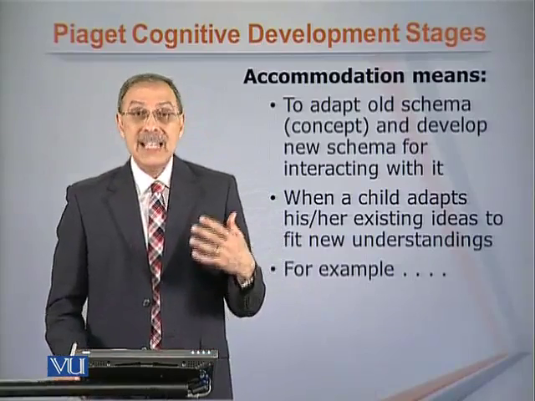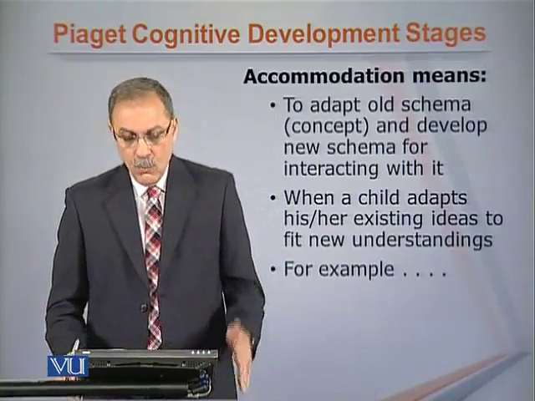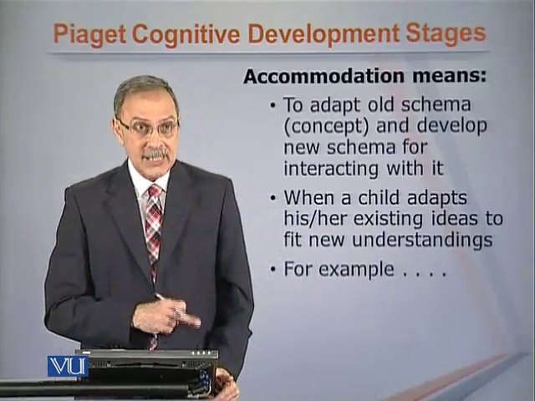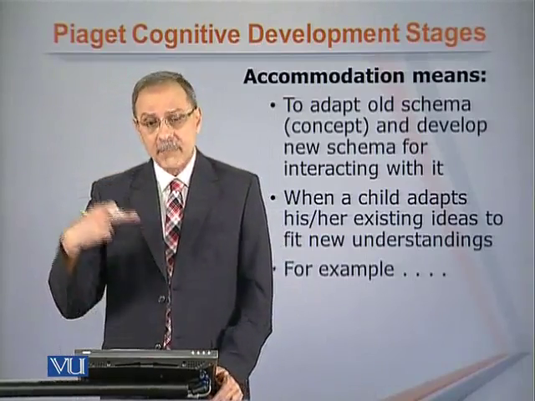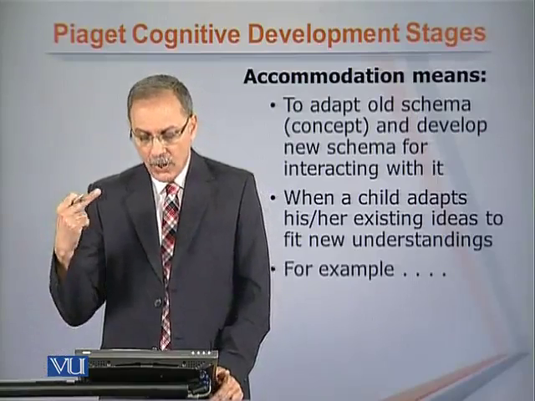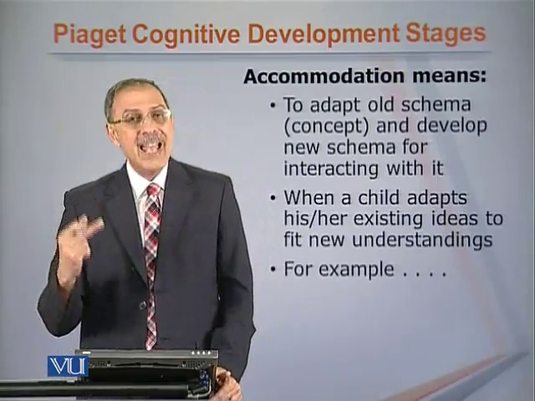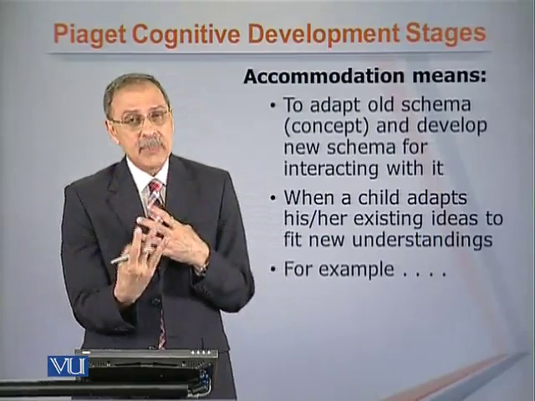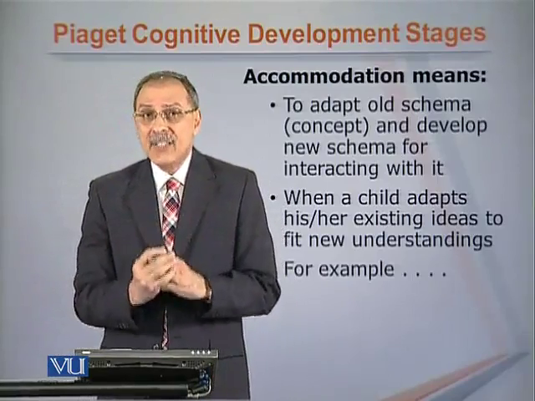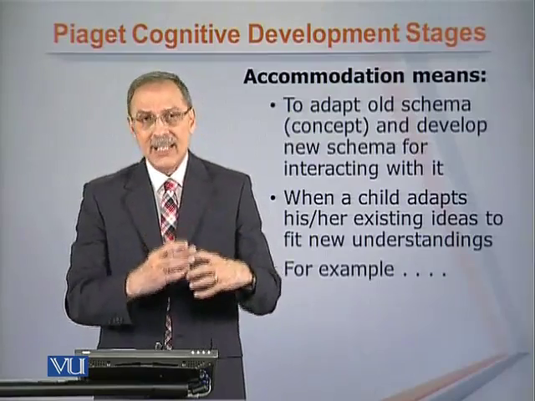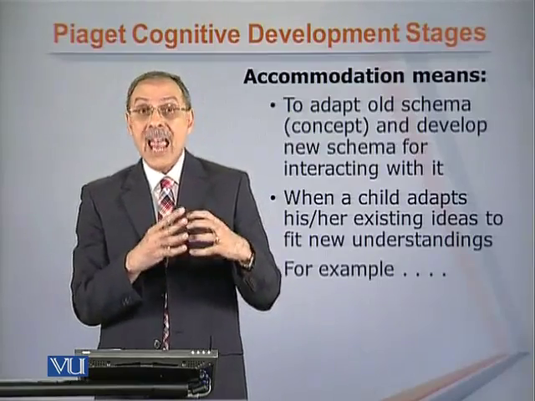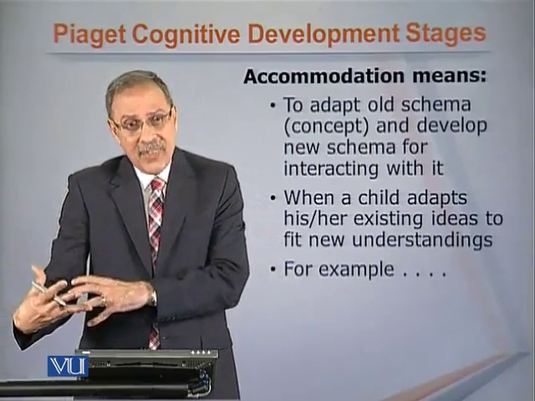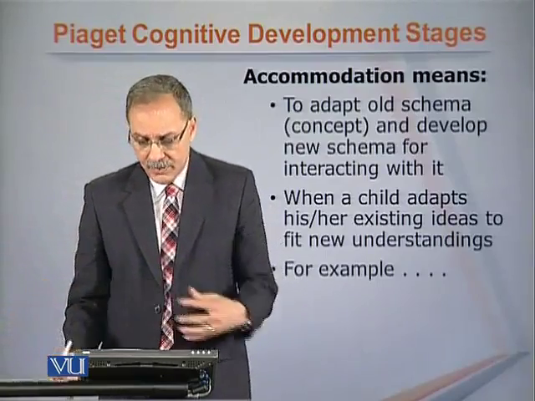The other way is accommodation. When the child has to adapt an old schema or concept, or develop something brand new for a new schema for interacting with it. So now a new concept comes in and the child either has to make some changes in the existing schema or create a new schema or a new concept for that thing, brand new for the first time.